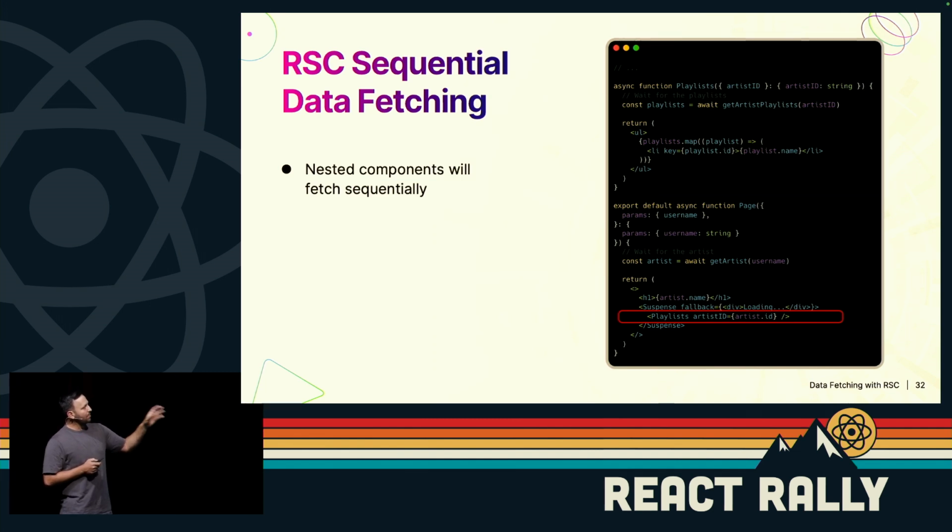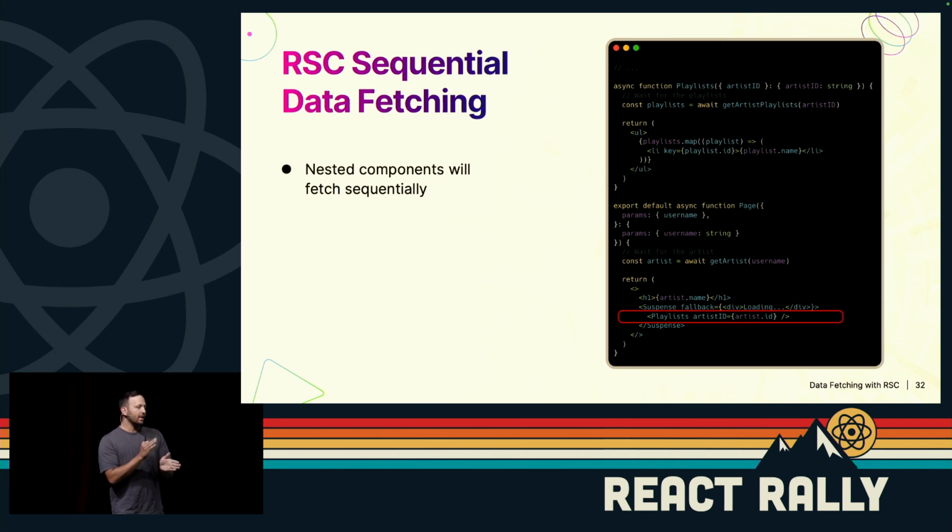So what's going to happen is page is going to suspend its return until that artist data comes back. Then it's going to render playlist, the component at the top, which will then kick off its get artist playlist function. This creates that sequential loading of data. And this might make sense, as I mentioned.